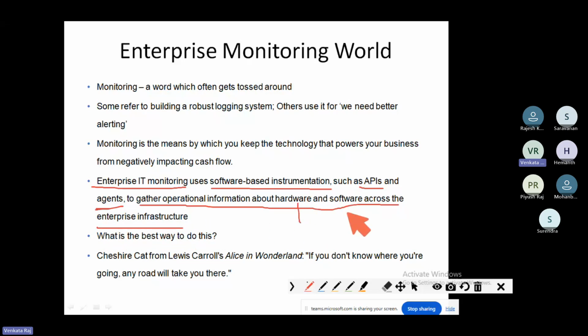Now, when I say hardware and software, who can tell me what they could be, guys? When I say hardware and software, what do I refer to? Hardware means CPU, memory, server-side infrastructure, that related information.